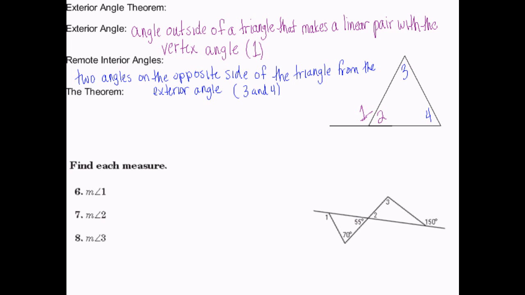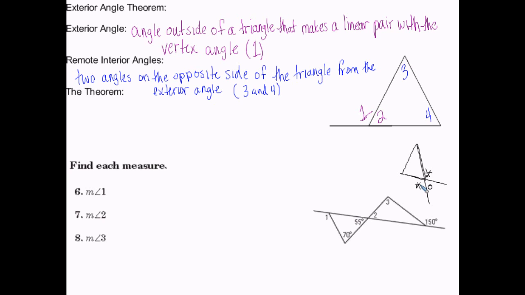So for example, if I were to draw something like this, this angle right here is not an exterior angle because it has to be a linear pair. It's a vertical angle. This angle would be an exterior angle with this side, and then this angle would be an exterior angle, but that angle would not be. Does that make sense? It has to be a linear pair.